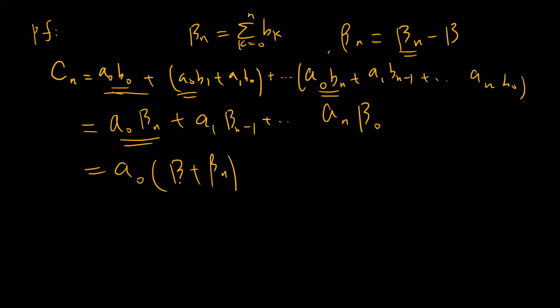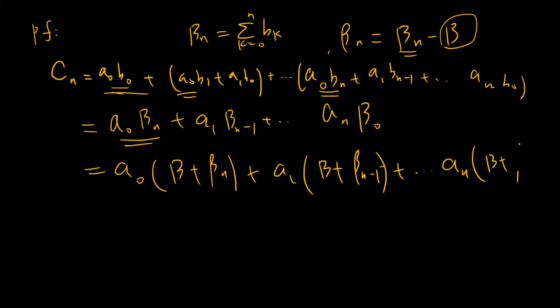So B converges, so this is B plus beta n. And then a1 will be a1 times B plus beta n minus 1, up to an times B plus beta 0, right? Beta 0 should be 0.